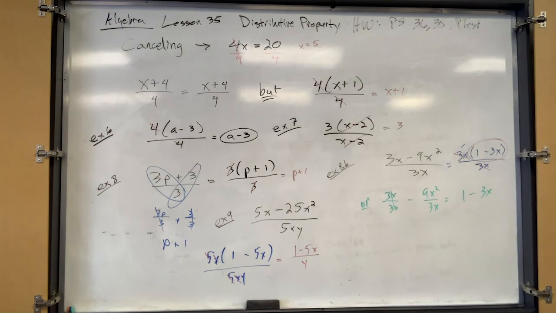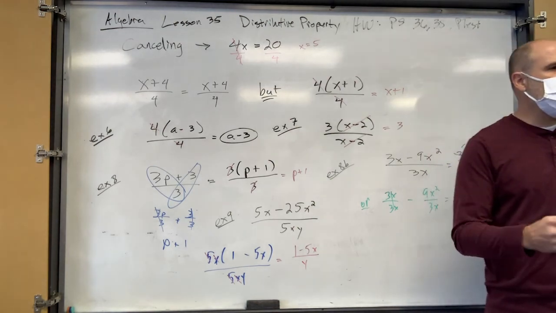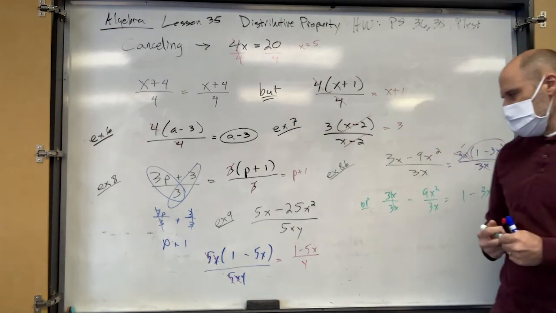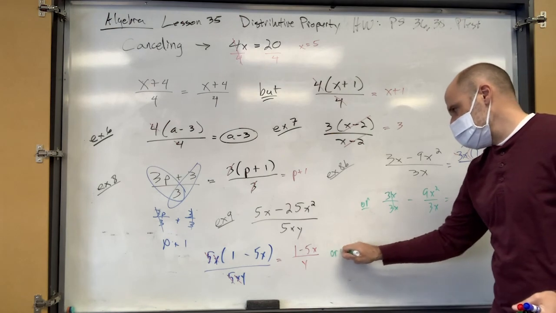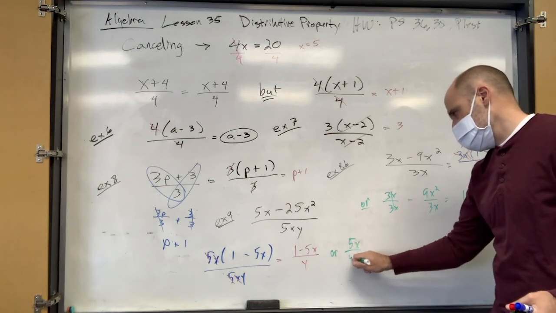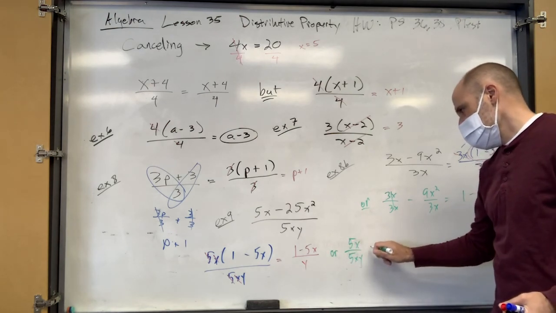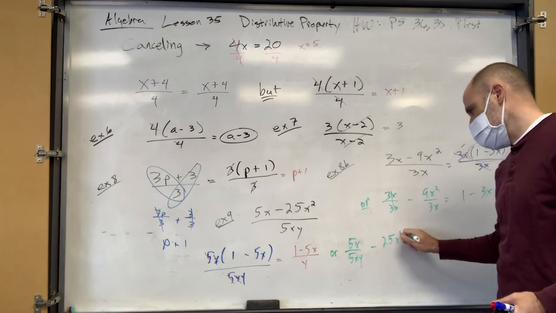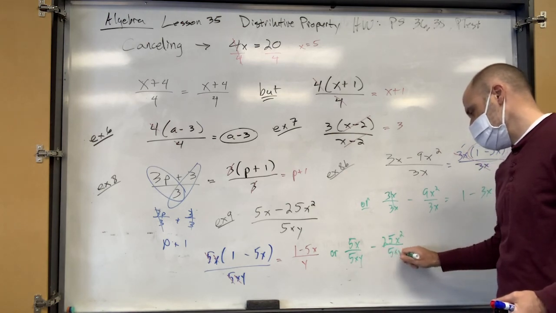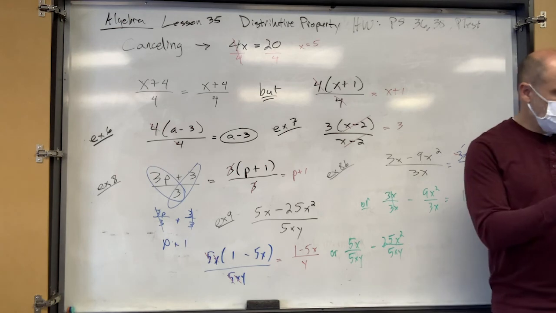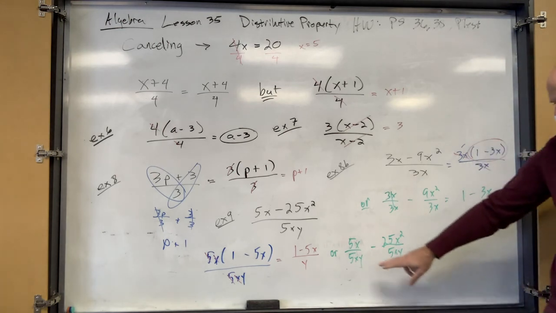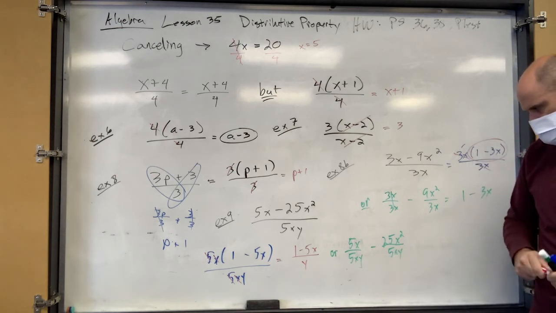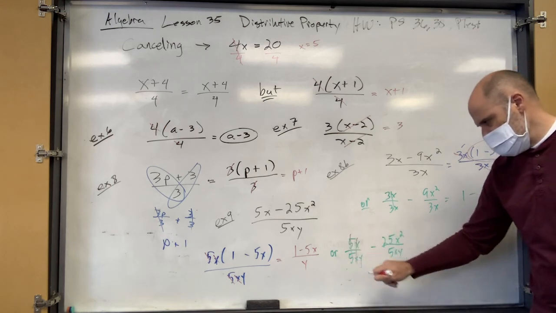All right, good job. Let's try it the other way. Let's try the 2 division problems. We're going to make a division problem out of this, 5x minus 25x squared over 5xy. So what cancels here? The 5x, and what are you left with?